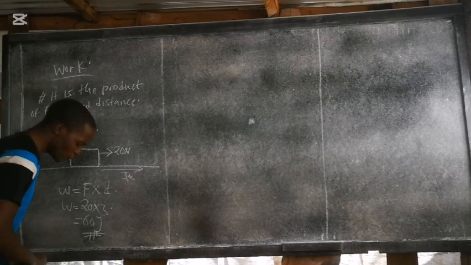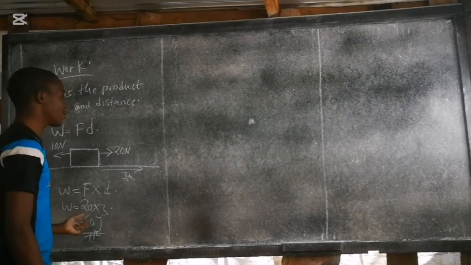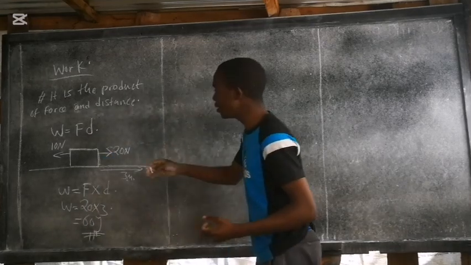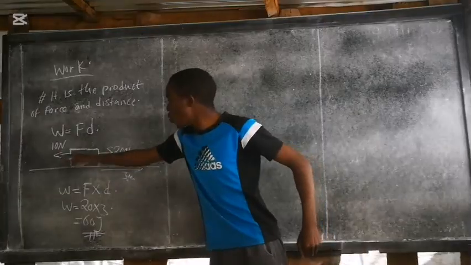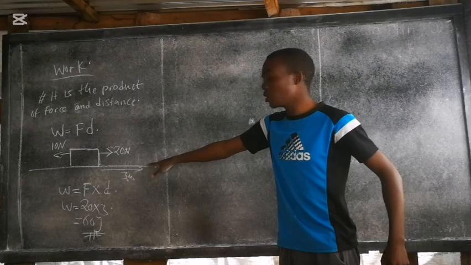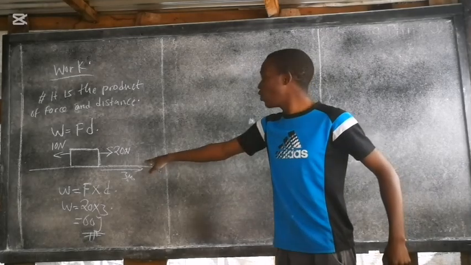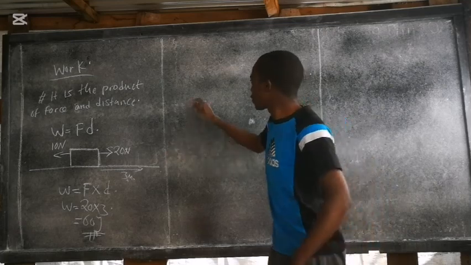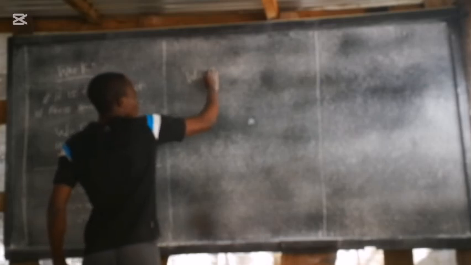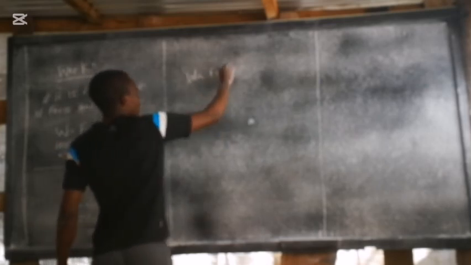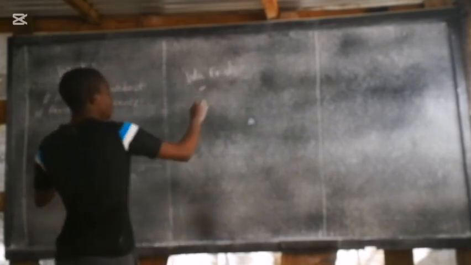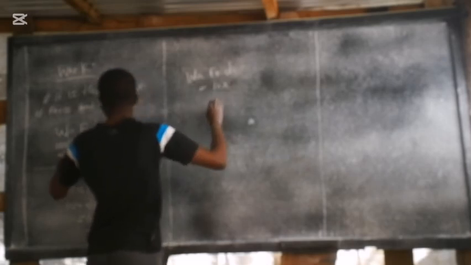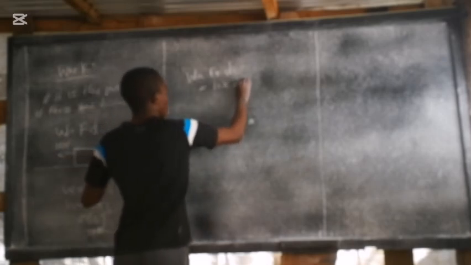Now they will ask you, find the work done by the friction force. Since this friction force was opposing the work, what is the formula for work done due to friction? Work done due to friction is Fk, the friction force, times D. So we say 10 times the distance, which is 3.